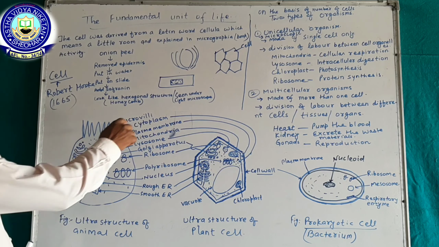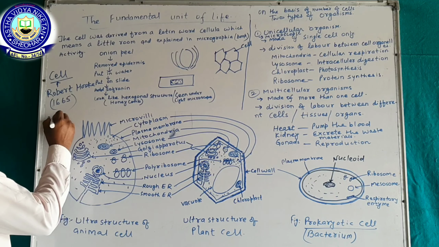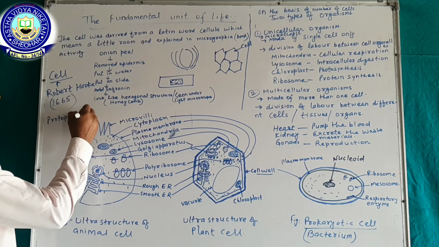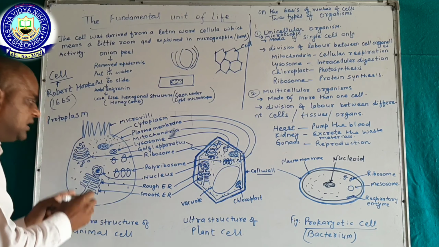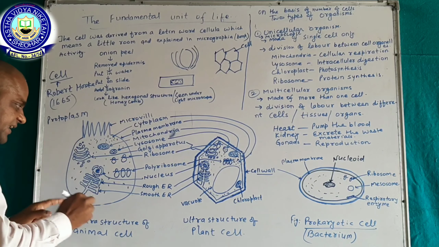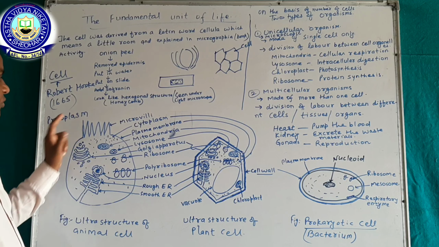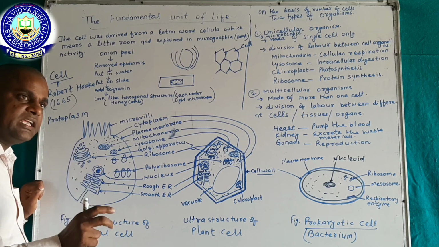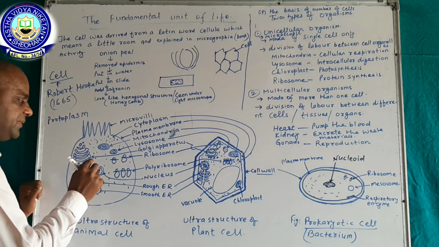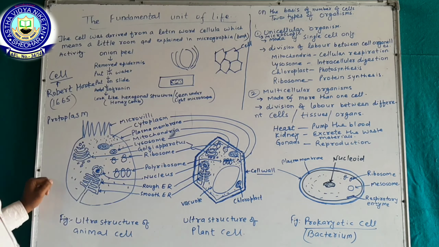Together you can call it protoplasm. Protoplasm means everything inside the cell, the jelly-like matrix. Cytoplasm means the jelly-like substance found between the plasma membrane and the nuclear membrane. That is called cytoplasm.